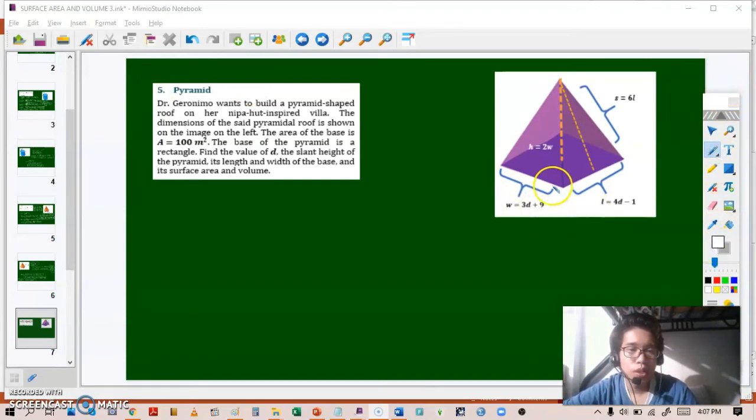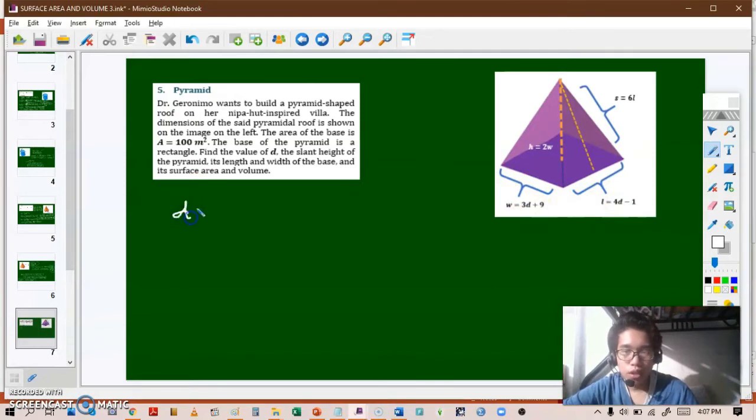But the first thing that we can do is try to find the value of d. To solve for d, you can see that the area here is 100 meters squared, and that's the base area. We're also given that the length and the width are equal to 3d plus 9 and 4d minus 1.